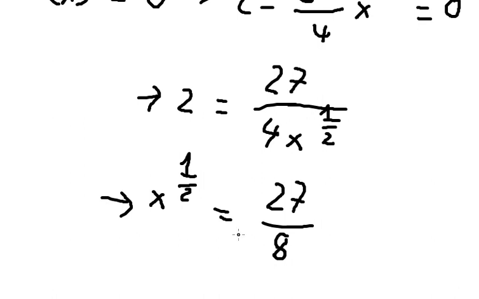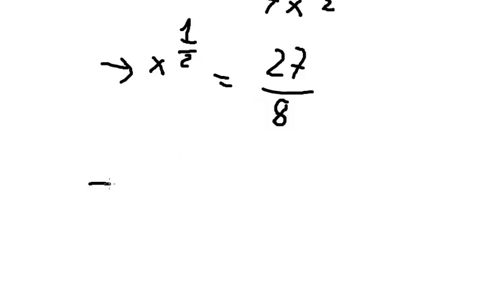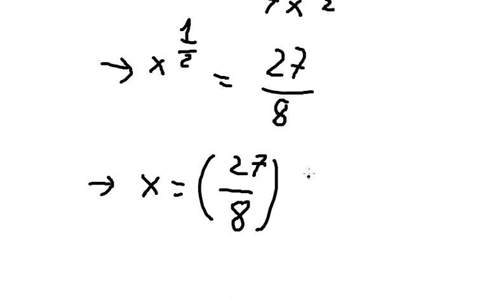So we put the power of 2 on both sides, and we have 729 over 64.